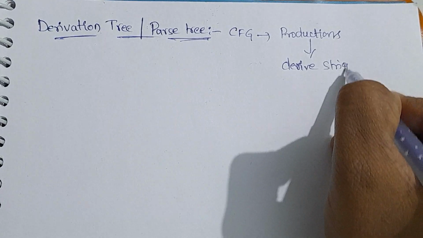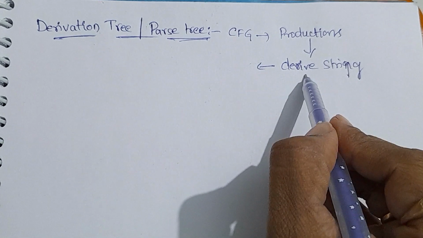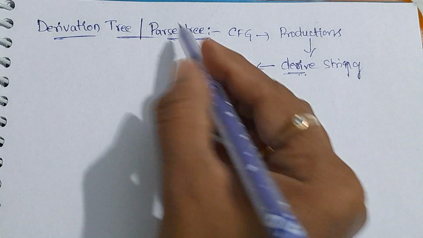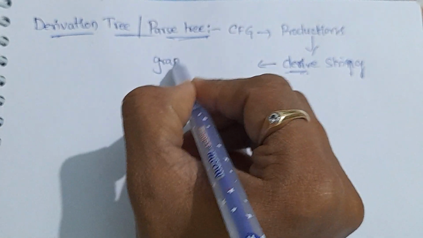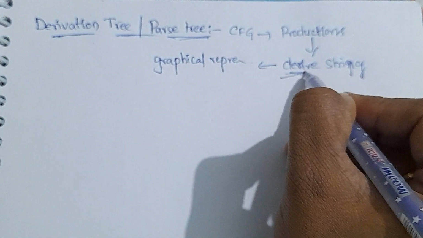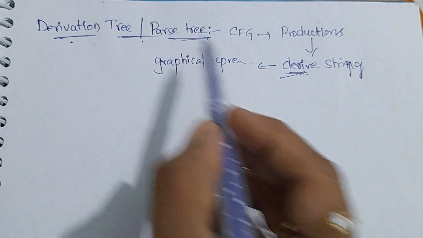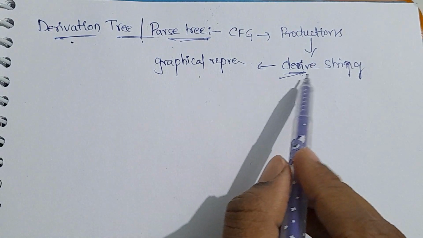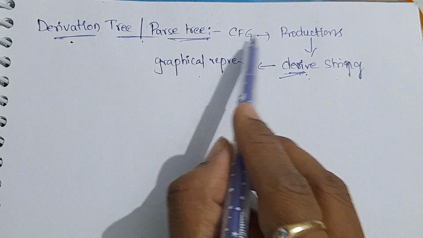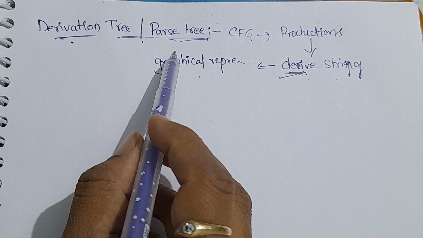Whenever this string is derived, the derivation can be represented in a graphical form. The graphical representation of a derivation of a particular string in a given CFG of productions, you can call it a derivation tree or parse tree.